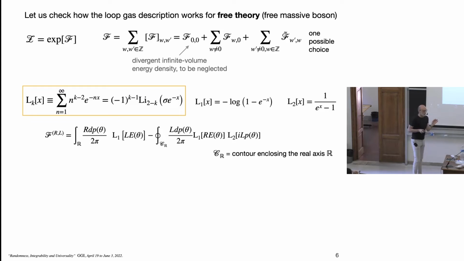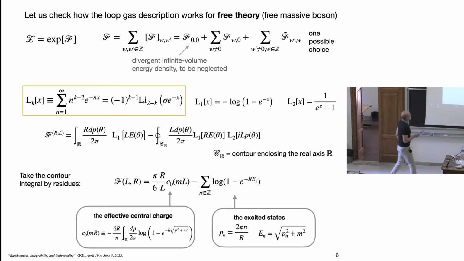You have two poles on both sides of the real axis, and when you make the contour integration, you pick the sum over the values of the integrand, which are 0 up to 2 pi n.